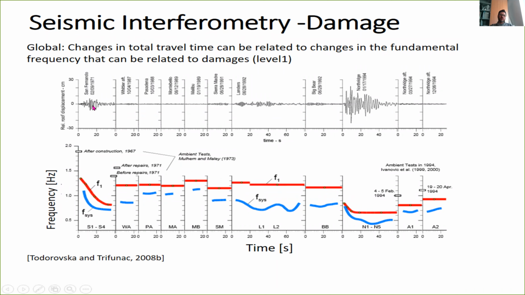Depending on the earthquake, you see the fundamental frequency of the structure, indicated F1, and the fundamental frequency of the whole system, so structure plus soil. You see that it can vary during the strong phase of shaking. It means the building is damaged. Being damaged, the fundamental frequency generally diminishes.